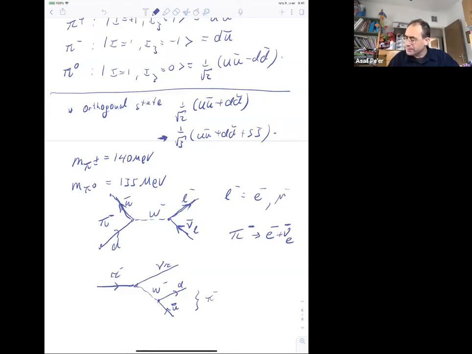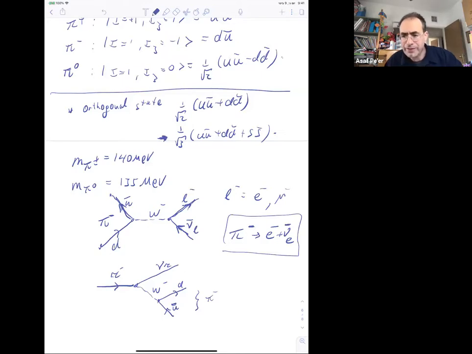This is what we're seeing in the lab. We never see the W. This is a mathematical way for us to make quantitative calculations of the probability, of the lifetime.